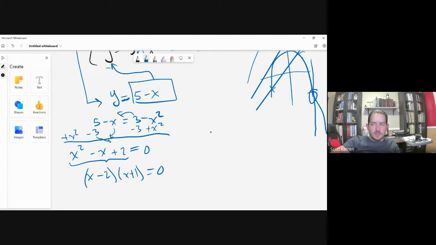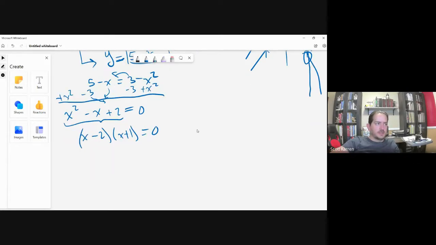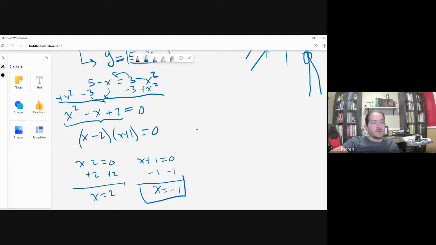And then use the zero factor theorem, that says if two things multiplied together equals 0, then either one of those things is 0 or the other of those things is 0, giving me two equations that I just solve. Plus 2, minus 1. So x is either equal to 2 or x equals negative 1. So it appears that we're going to end up with two values, right?